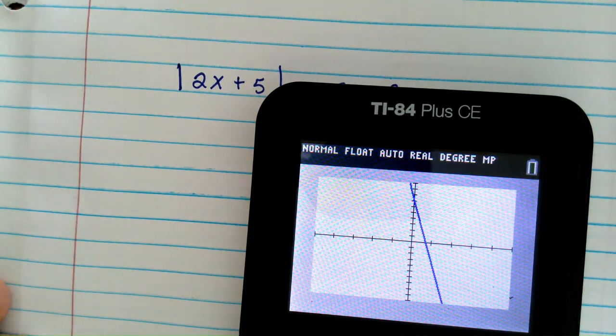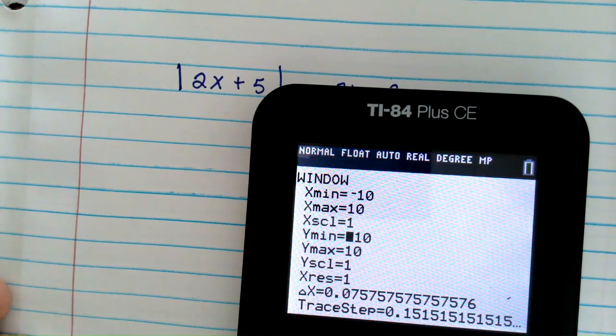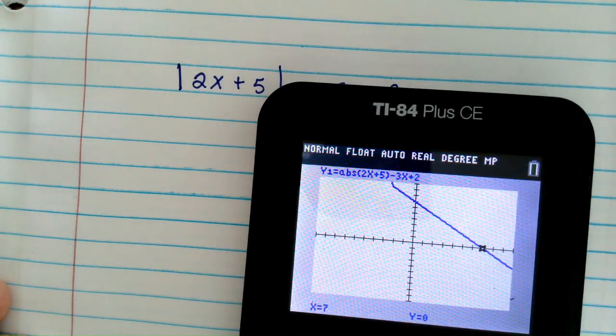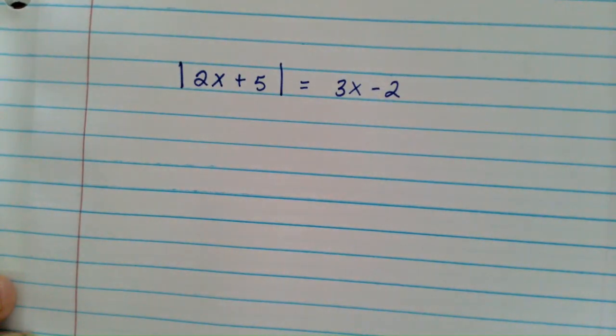All right, so right now it's just looking like the one answer. Okay, so is that at 7? It is. Okay, so let's see what's going on here.